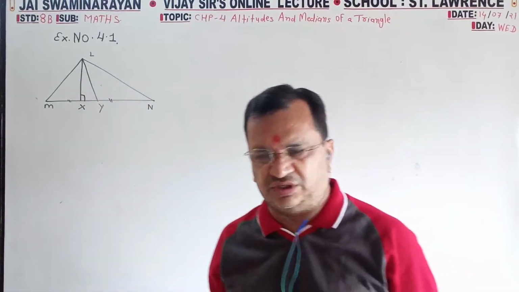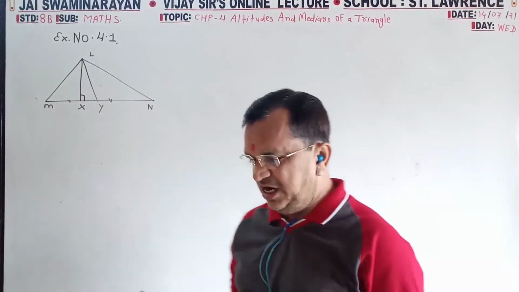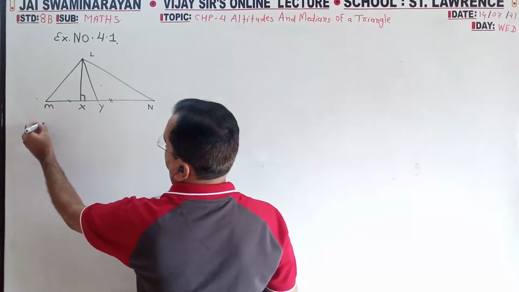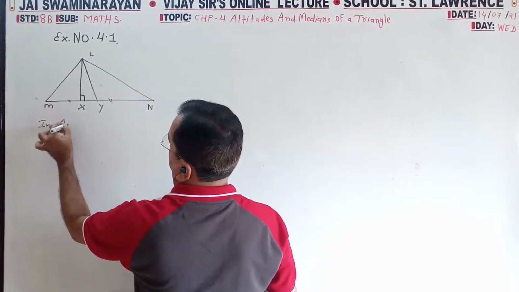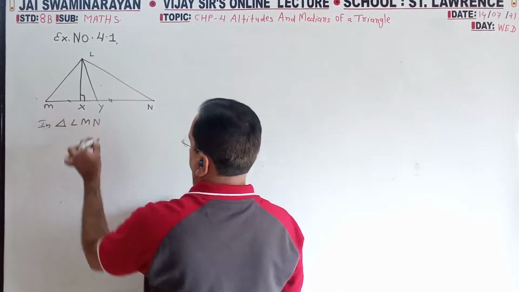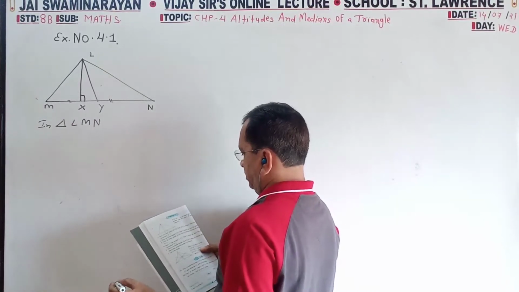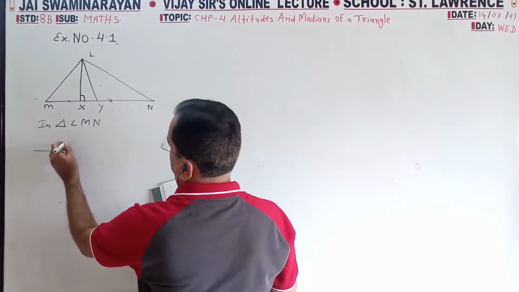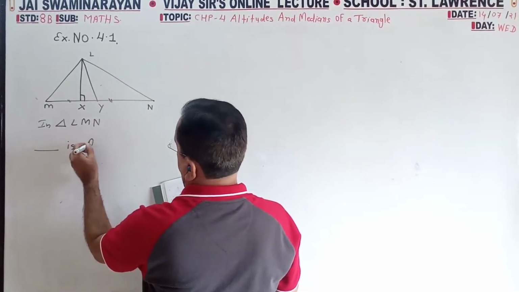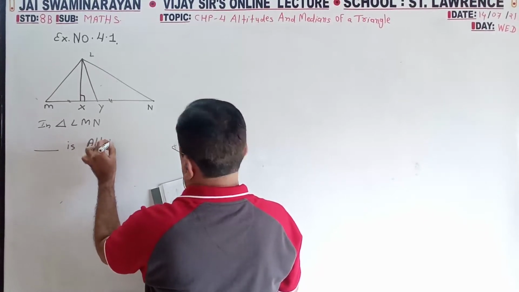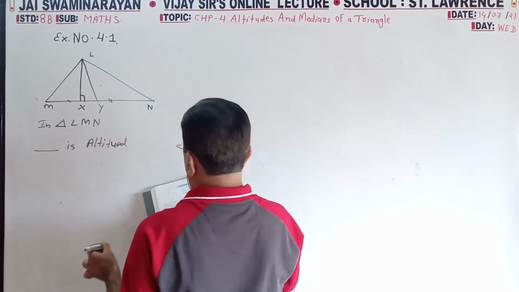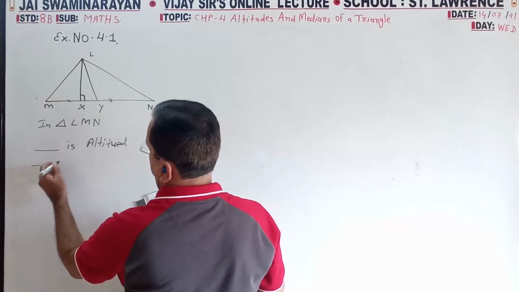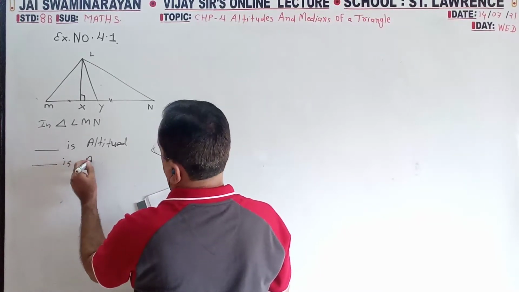Now the question is, in triangle LMN, this is altitude. And this is median.